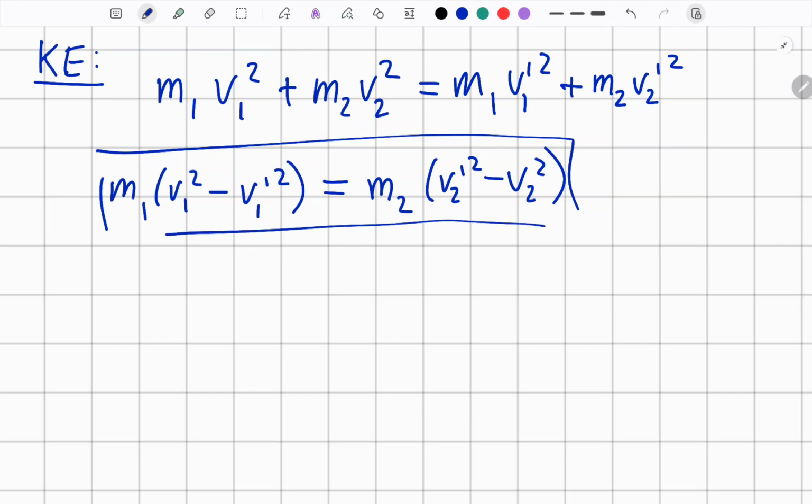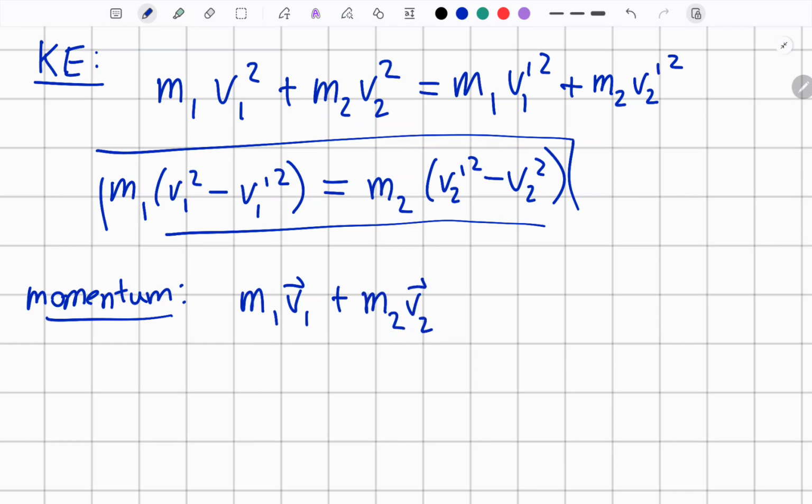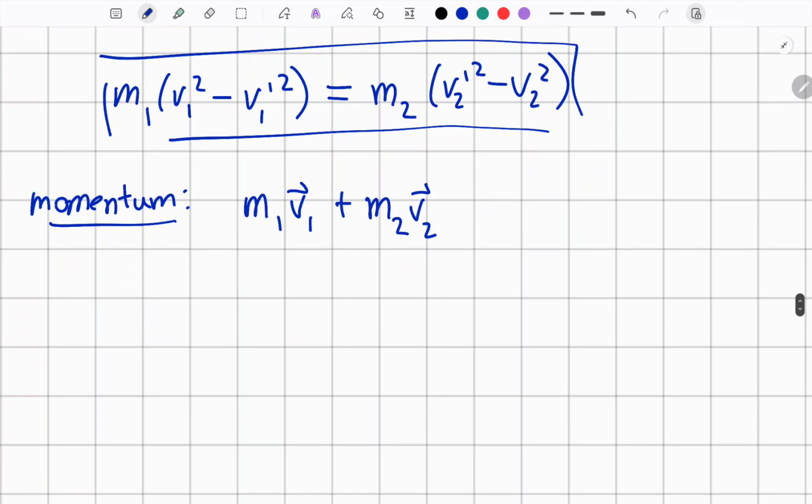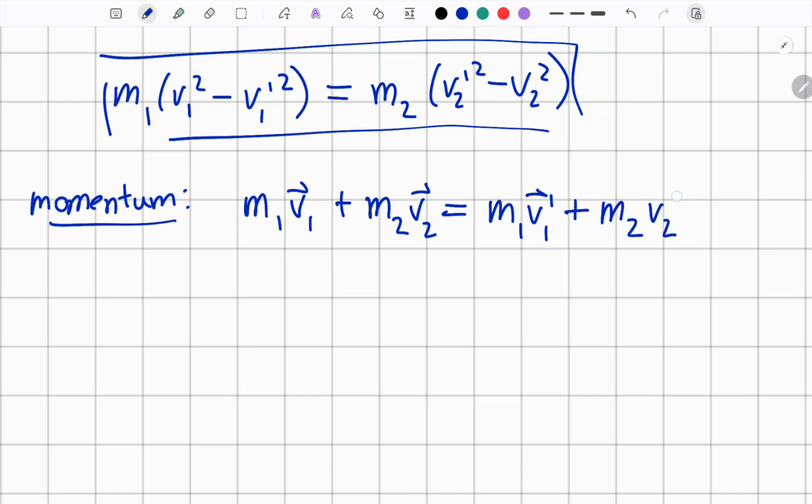That's using kinetic energy. Now, just like in 4.46, a method for going about it is using momentum. So we're going to use momentum. This means that M1 V1 plus M2 V2 is going to be equal to M1 V1 prime plus M2 V2 prime.